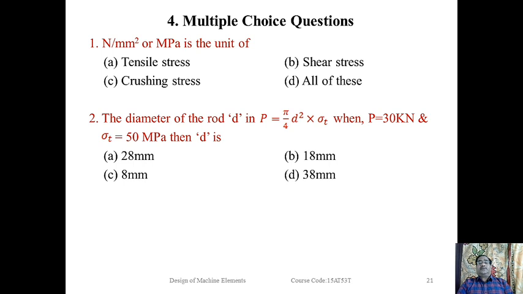After substituting the values of P and sigma T, the value of D comes 28 mm. So here the option is A, that is 28 mm.